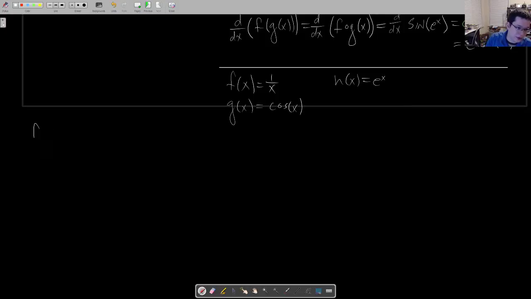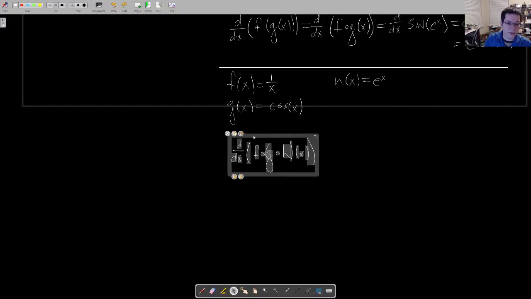I'll write it again so that we can see it. The derivative of f composed with g composed with h of x equals that. That's what we're trying to find. Hang on. I'm getting ahead of myself.